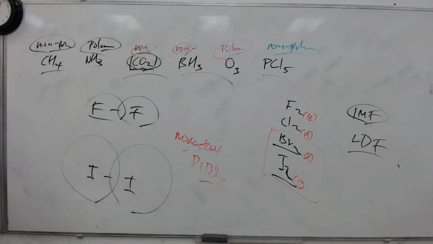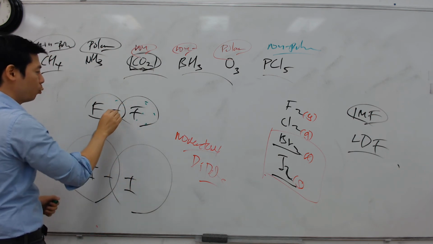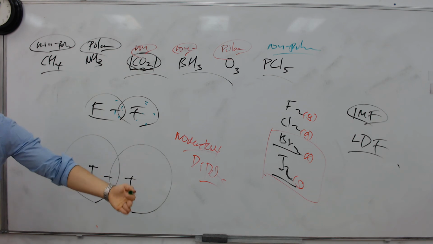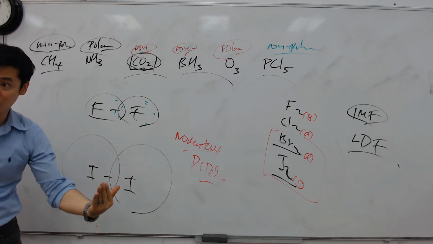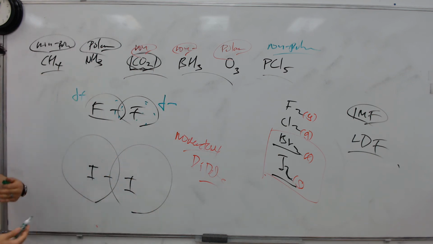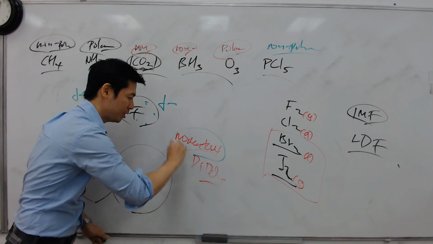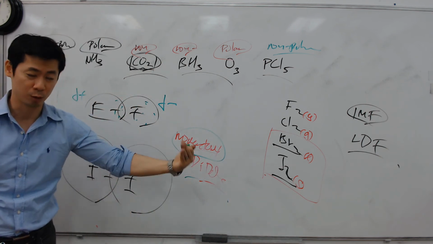So electrons, at one point, by chance, can be found more on one side compared to the other, momentarily. Temporarily, you can create a partial negative and partial positive. It's not a permanent dipole, but a momentary dipole, based on the movement and position of the electrons.